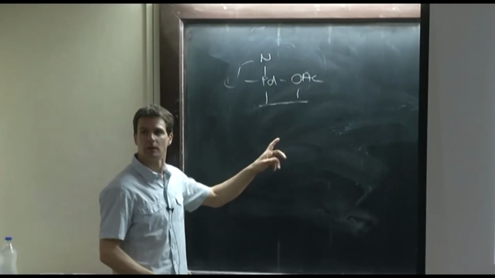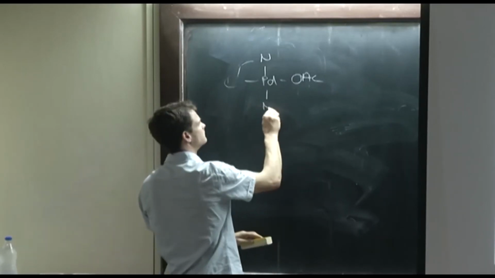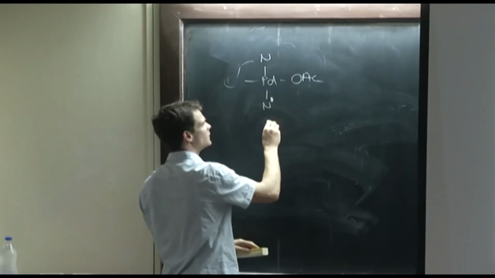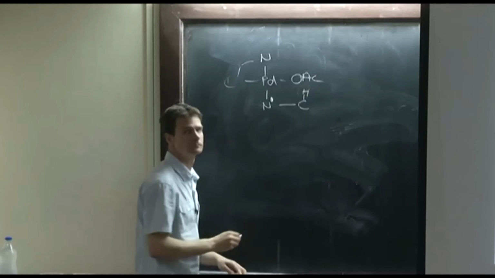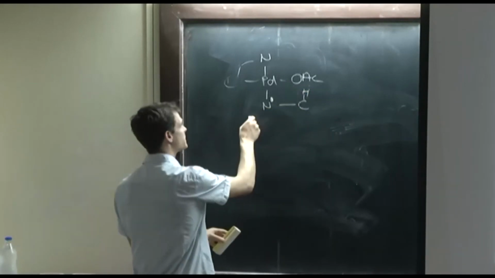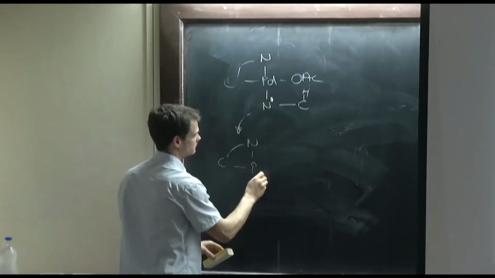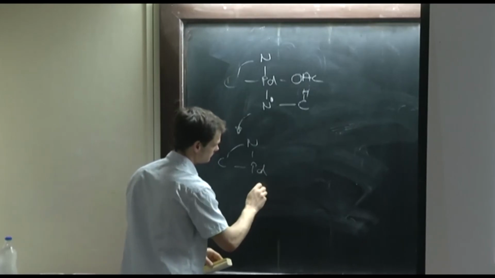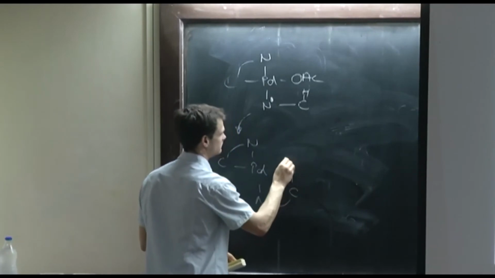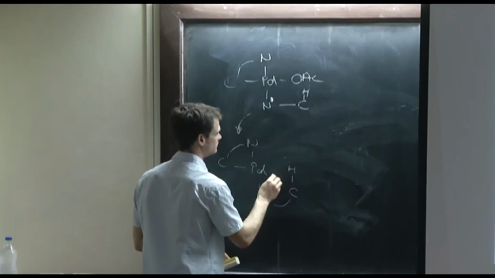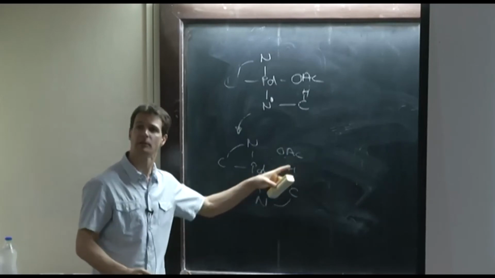That dimer we start with, we cleave initially the dimer. So that's the pyridyl carbon. The acetate is there, helps. We have an intermediate where the two are together.